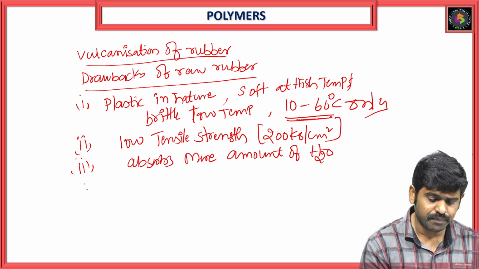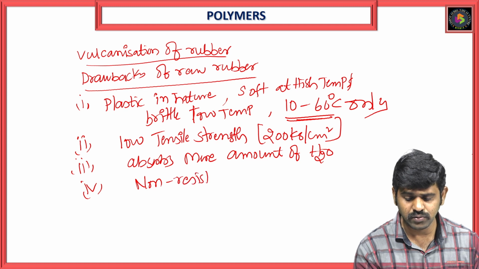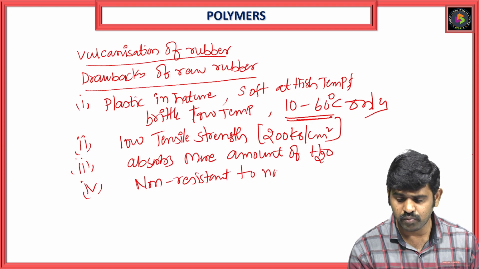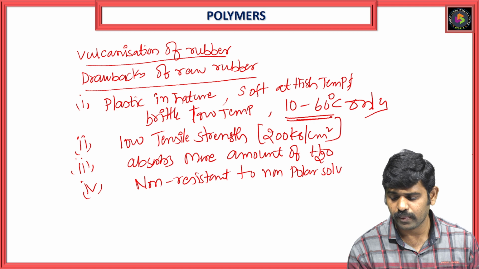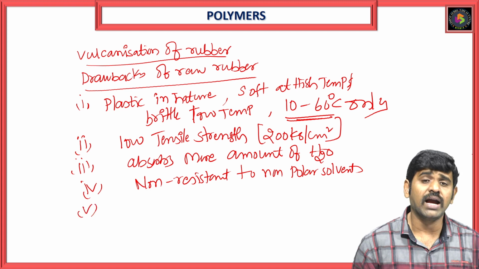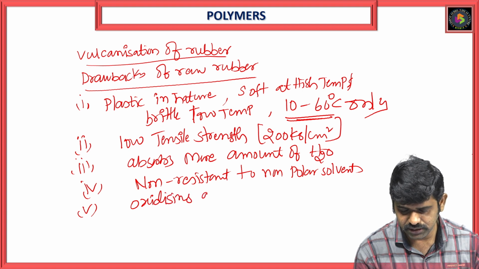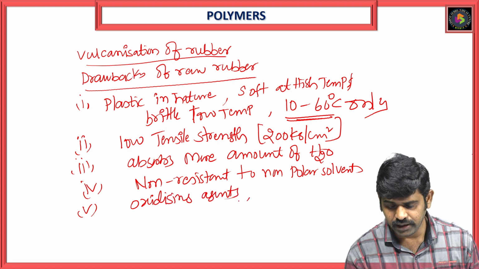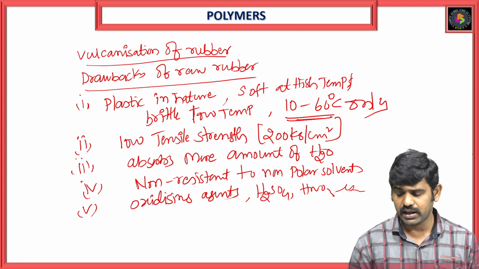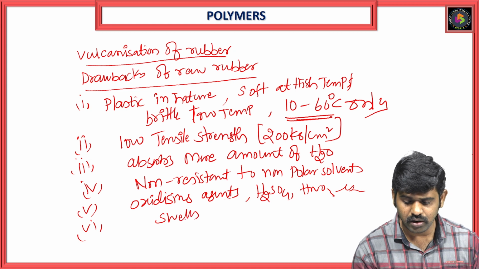Next, this raw rubber is non-resistant to non-polar solvents, like benzene, gasoline, carbon tetrachloride, etc. But it is highly attacked by oxidizing agents such as nitric acid, chromic acid, sulfuric acid, etc. And this raw rubber swells in organic solvents.